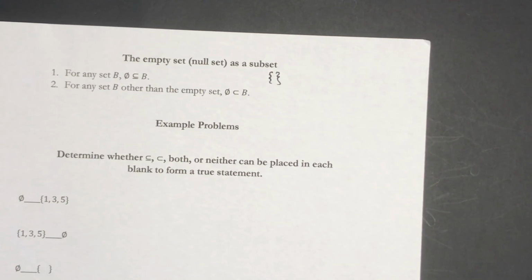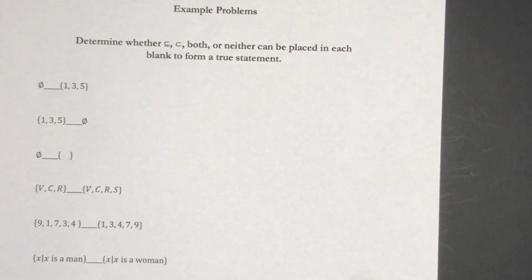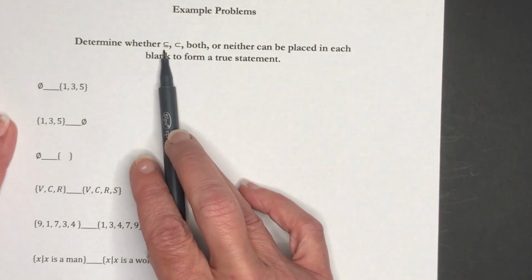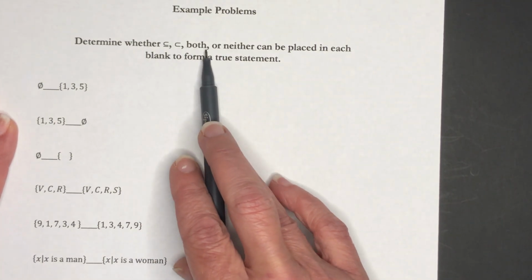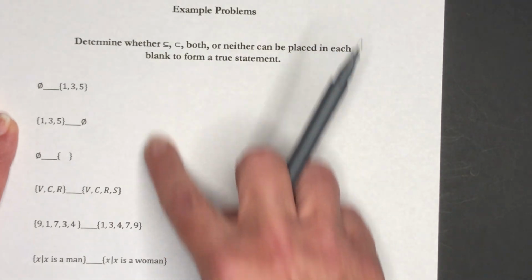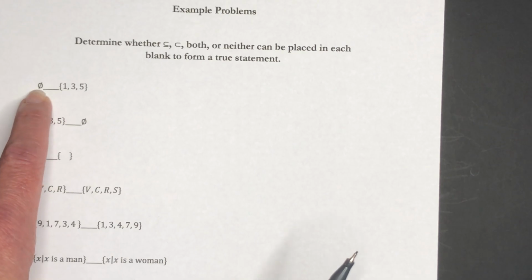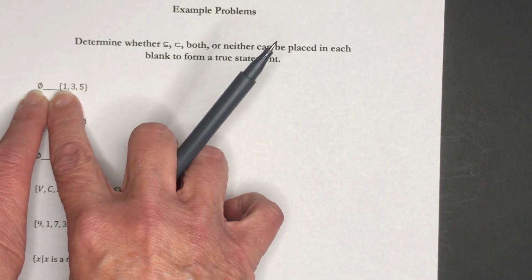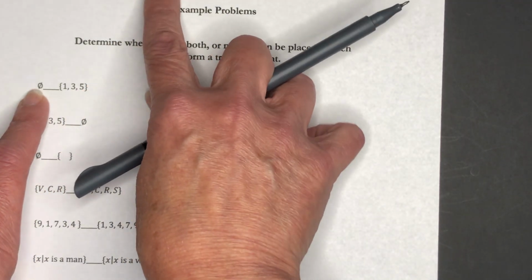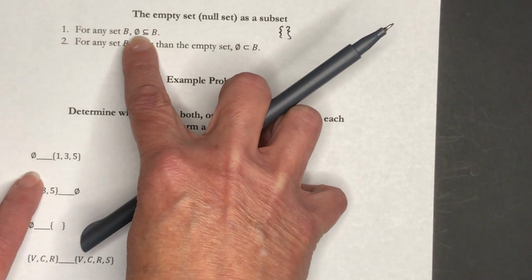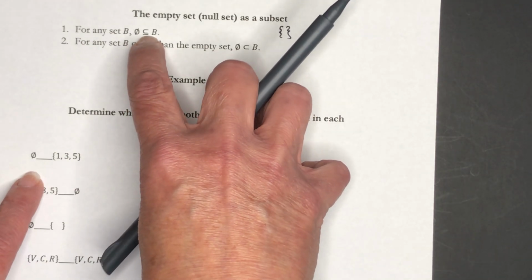Okay? So let's look at some example problems. We are asked to decide whether we can put subset, proper subset, both, or neither in each of these. Okay. So we have the empty set, and we have {1, 3, 5}. We've just said that the empty set is a subset of every set, so I can definitely put that.